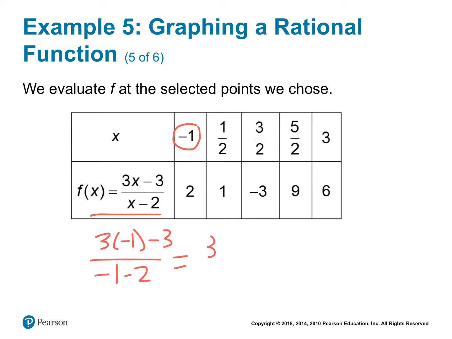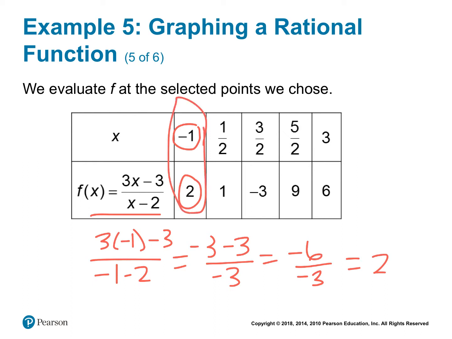You get -3 minus 3 over -3, which is -6 divided by -3, and you get 2. So that's where they got this. That means we have a coordinate right here, -1, comma 2, that we can put on the graph.